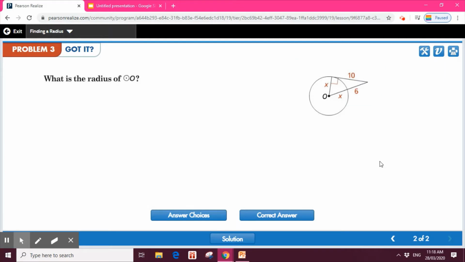Next, practice number 3. What is the radius of circle O? So we have this given figure. The hypotenuse is x plus 6. The other leg has 10. What is the measurement of x? I'll give you 10 seconds to answer this question.